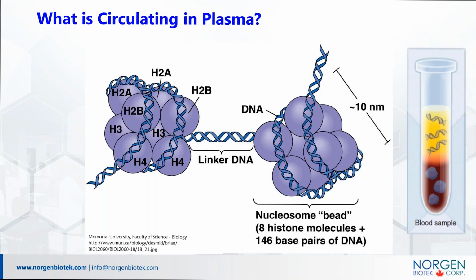This is very important to know what we're going to expect to find in plasma, and then when we isolate the DNA, what we expect when we analyze the purified DNA on Bioanalyzer traces, for example, when we do our PCRs, all of these things. So we need to know what we expect.